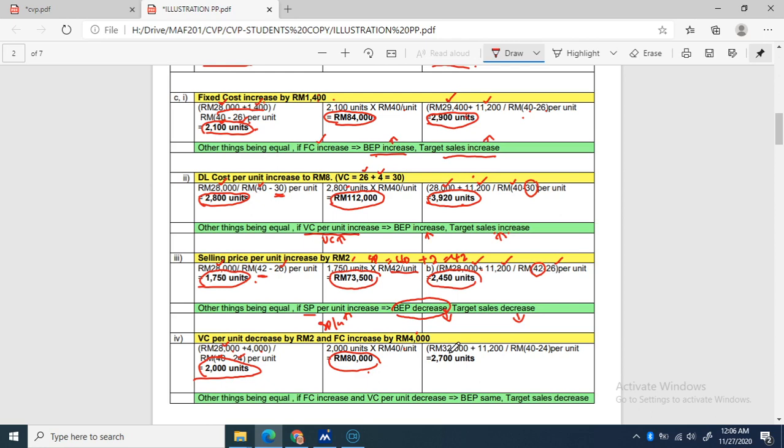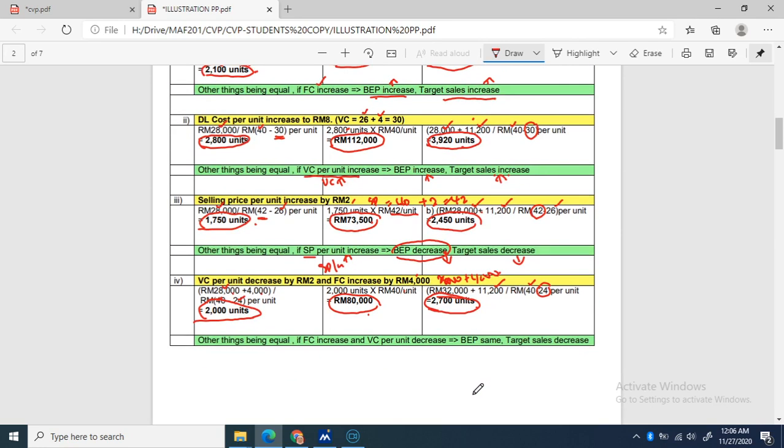What happened to the target sales? The fixed cost here is 28,000 plus 4,000, an increase, so you get 32,000. The target profit remains the same, divided by selling price, same, minus variable cost, decreased by 2 ringgit, to 24. So the target sales is 2,700.